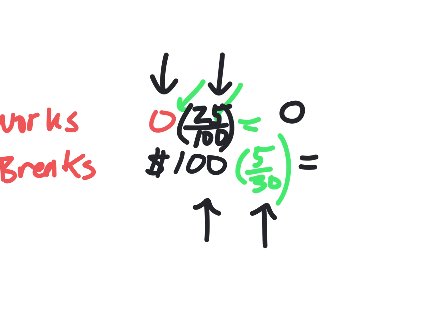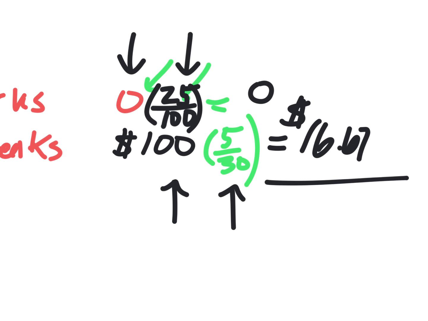100 times 5/30ths. I have no idea. What is 500 divided by 30? 16.67. After you have the probabilities and the amounts, you add them up, and that's $16.67. I rounded to the nearest penny. That's what it's worth.